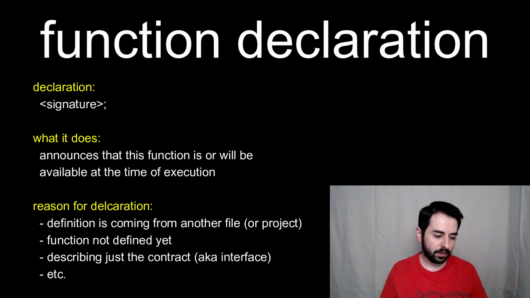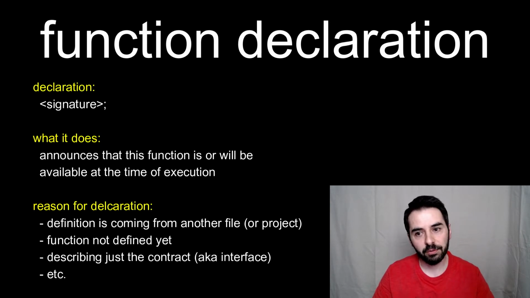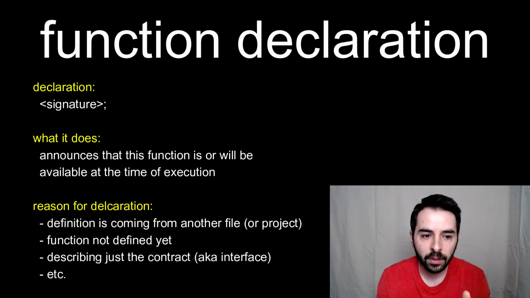So another interesting thing is the declaration of the function. So in some languages, so let's start with what a declaration is. So declaration is basically saying to the compiler or the interpreter that I have this function. Either I will define it later, or it will come from somewhere else, not from this file, but you're just letting the compiler know that there is this function, and you don't specify the body, just the signature.